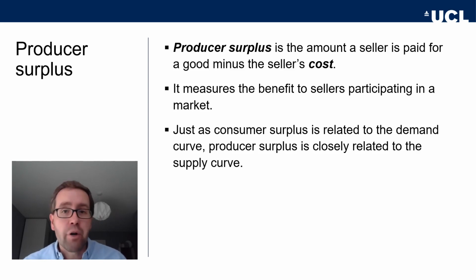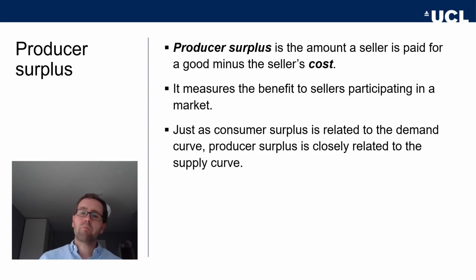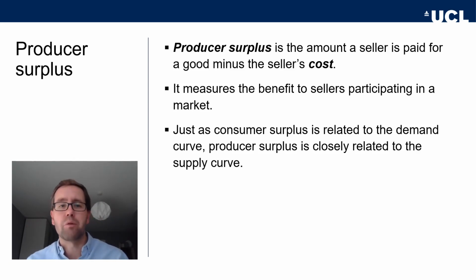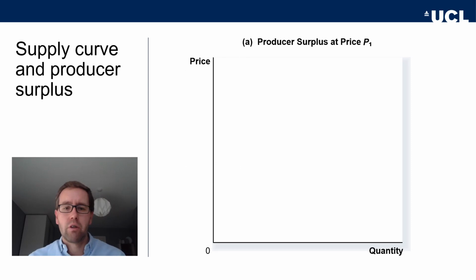And how much do I get for it, given the market price? So it's the same as the consumer surplus, but in reverse. It measures the benefit to the sellers, to the producers participating in the market. And just as the consumer surplus is based on the demand curve, producer surplus is related to the supply curve.